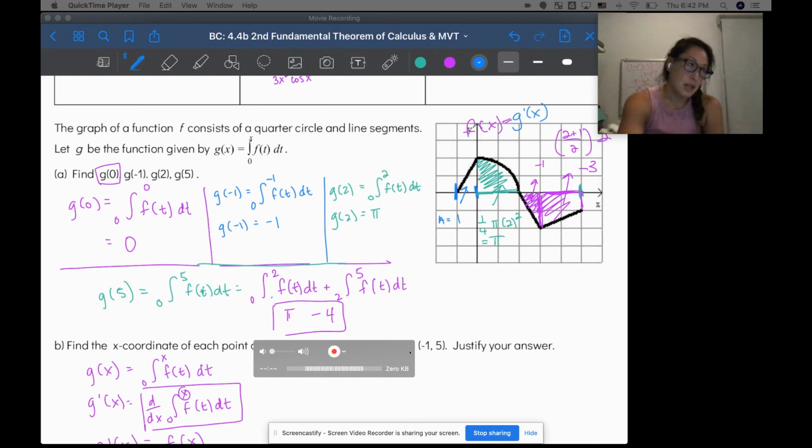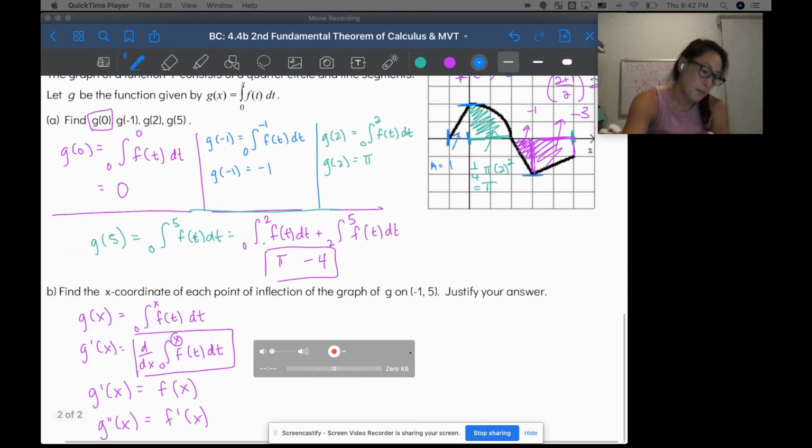So the point of inflection would be when g prime of x has a change in the slope, or a 0, a horizontal tangent line. Okay, so the point of inflection will occur when the slope of f of x changes signs.